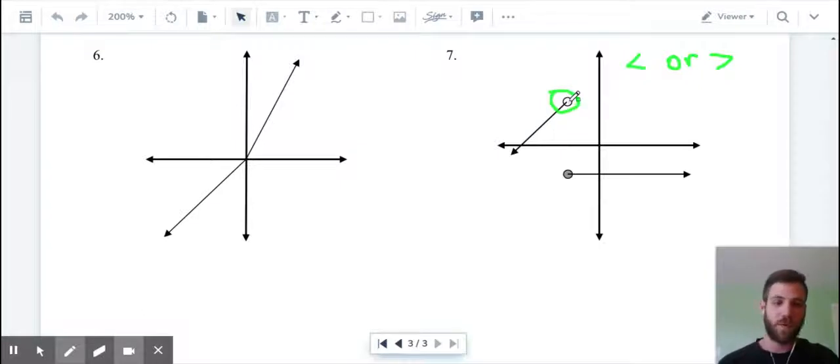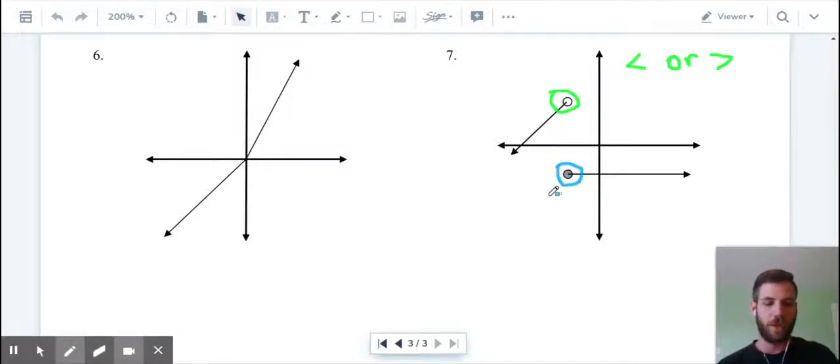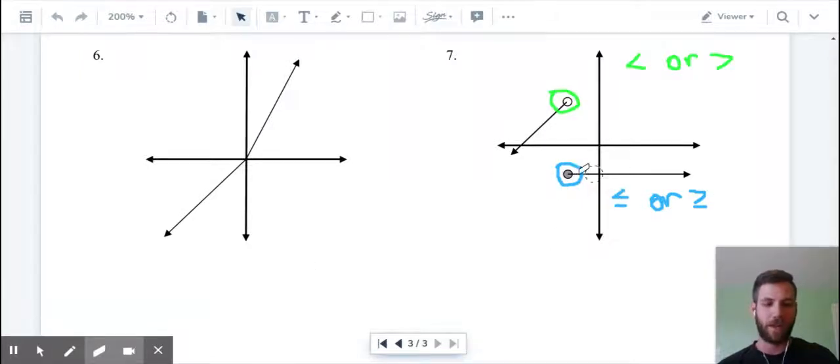In this case, this would be a less than sign for this open circle. For closed circles, such as this one, that's going to represent functions that have either less than or equal to or greater than or equal to signs in your functions. When you have either one of these, you are starting at a number and including it, and then either going up or down from there.